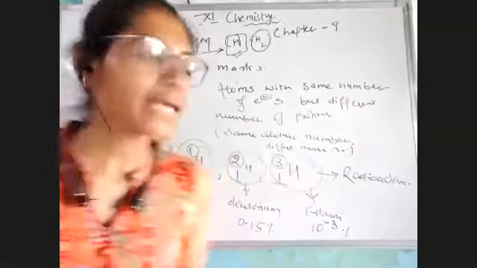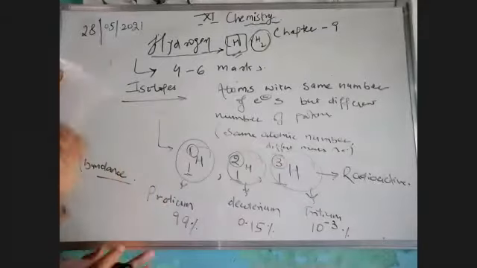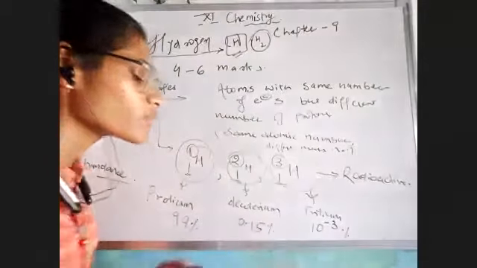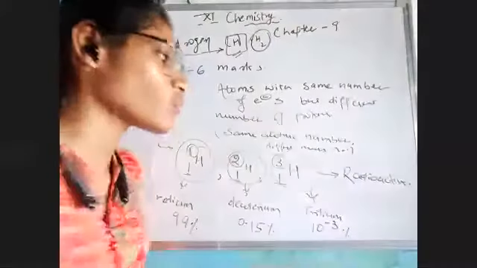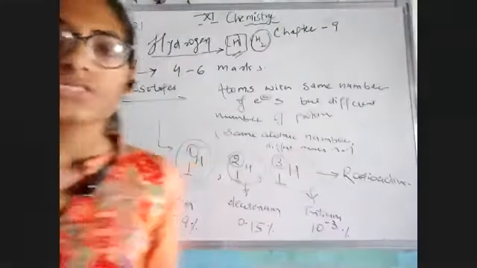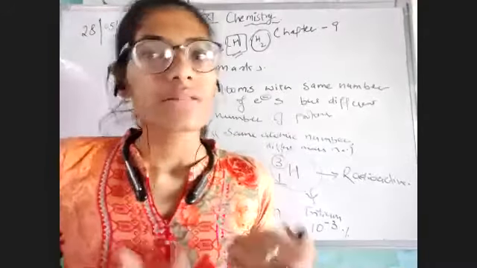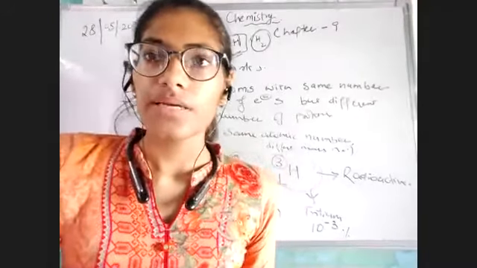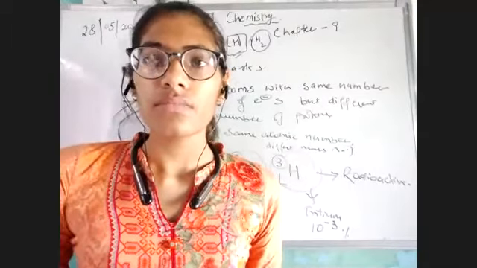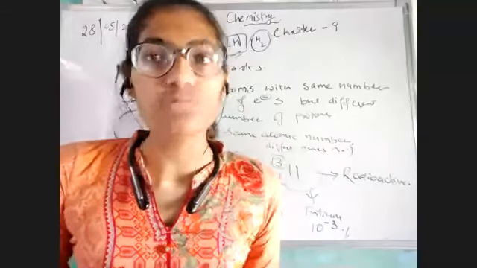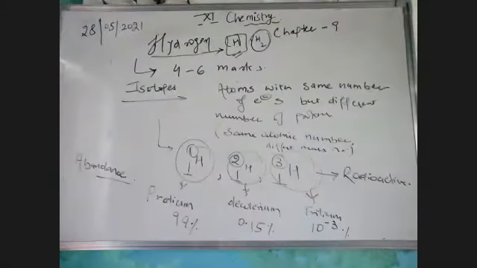The only reason is the abundance, the quantity: protium is something like 99%, deuterium almost 0.1%, and tritium is very negligible. Okay, so this was all I wanted to explain about hydrogen and its isotopes. Clear? Okay, now let's move on to our next topic, the compounds of hydrogen.